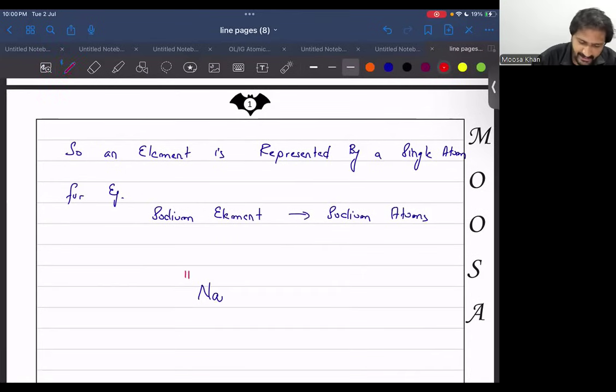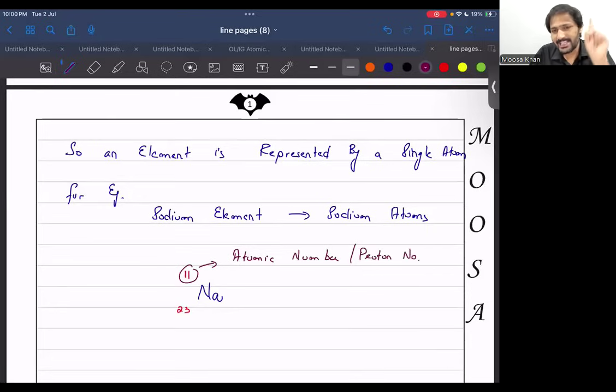One is 11, the other one is 23. The number written at the top of the symbol is known as the atomic number. Another name for atomic number is proton number. See, this number has two names, atomic number and proton number.